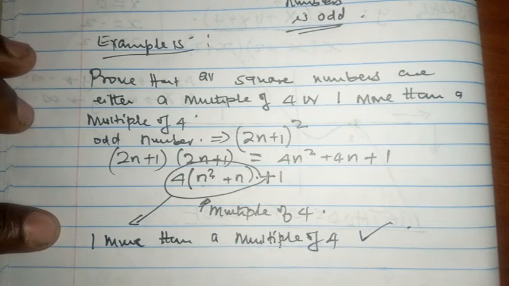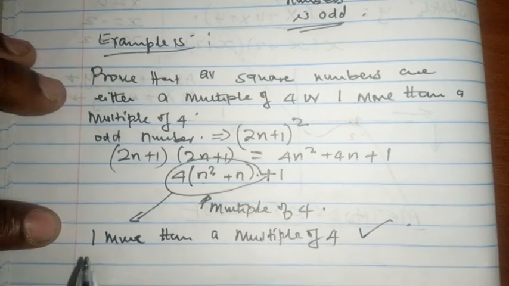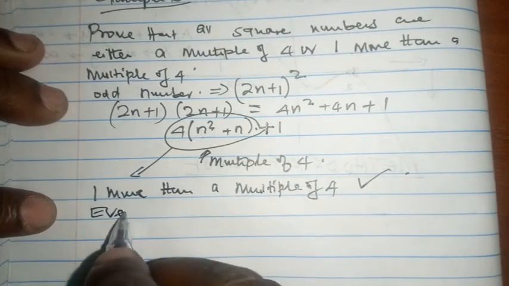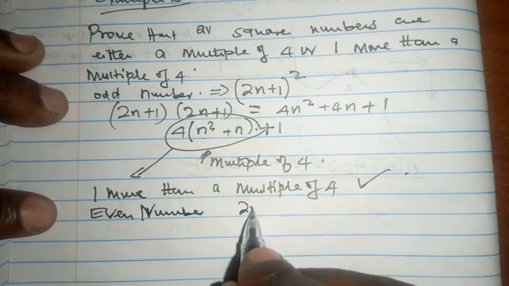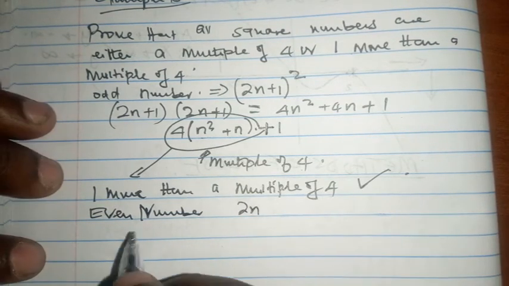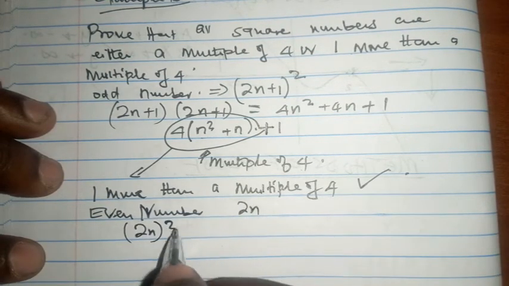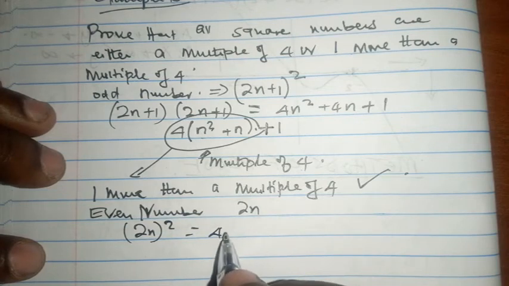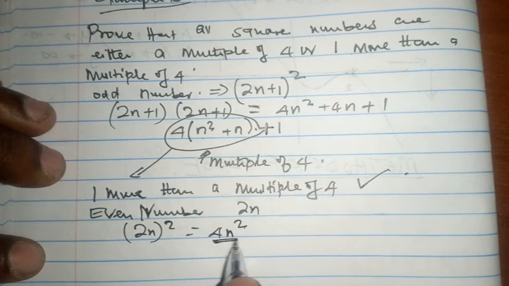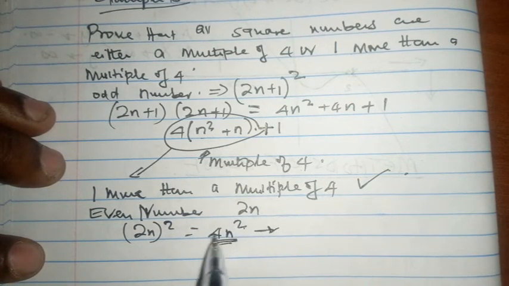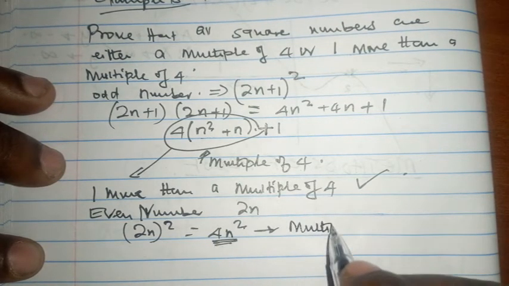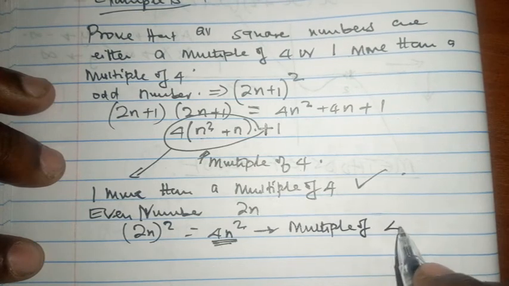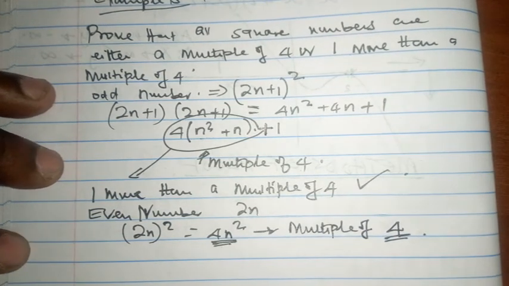It proves our statement to be correct. Let's now talk about an even number. An even number is just like 2n. 2n squared is 4n squared. This by itself, due to the existence of this 4, is a multiple of 4, and therefore our statement is true.